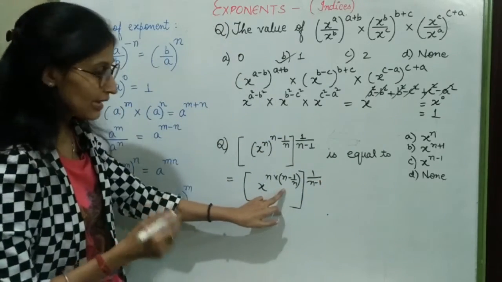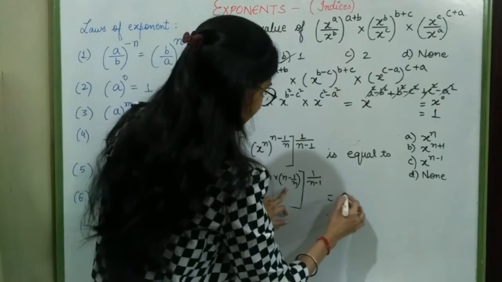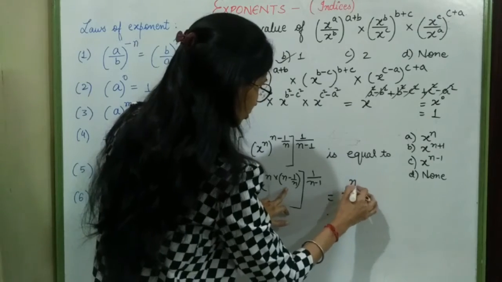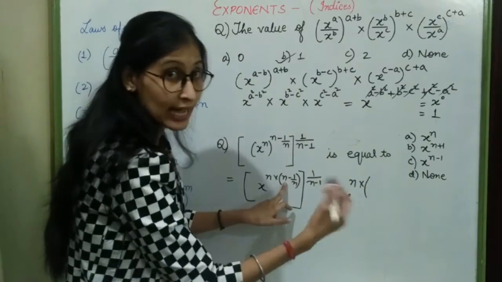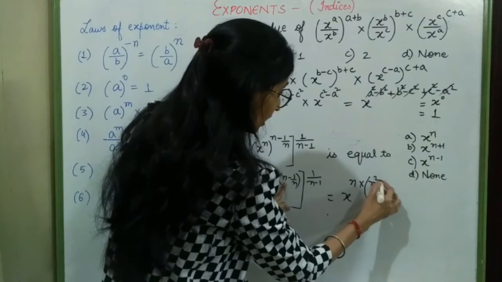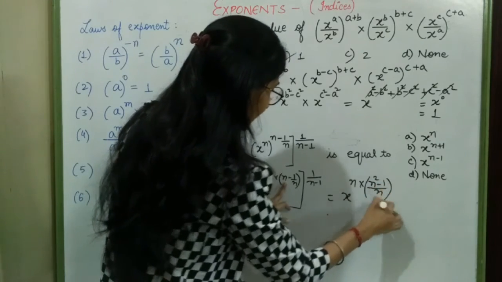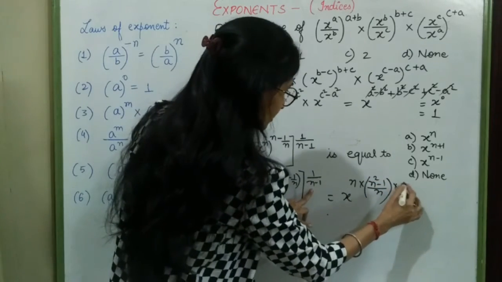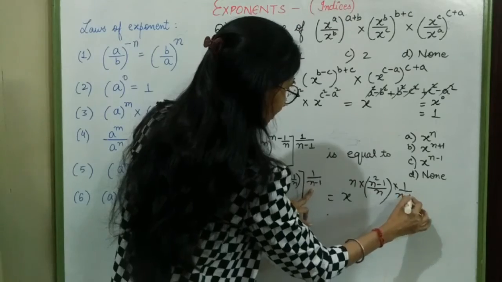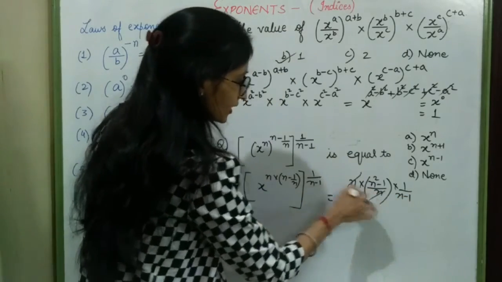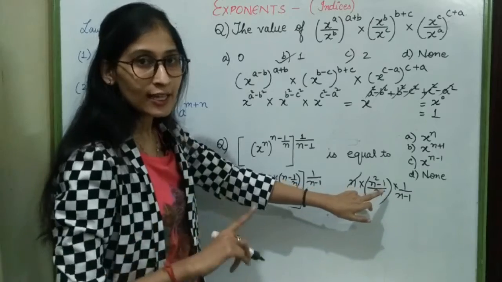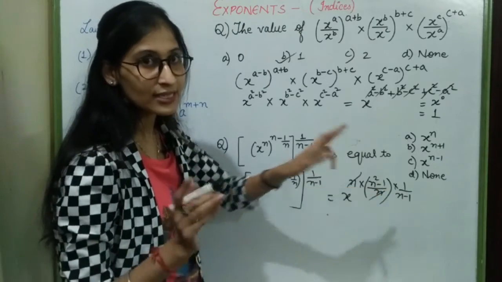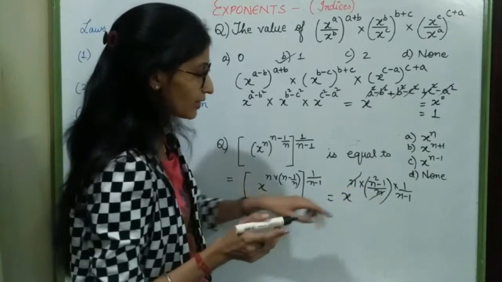If I am going to take the LCM of it, it will become x raised to power n multiplied by n square minus 1 upon n, and the outer power is 1 upon n minus 1, and cancel. n square minus 1, a square minus b square is a plus b into a minus b.